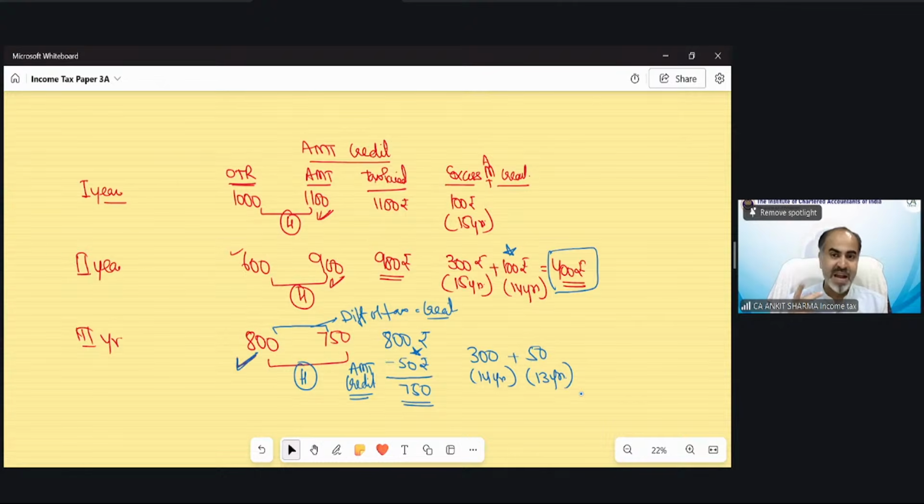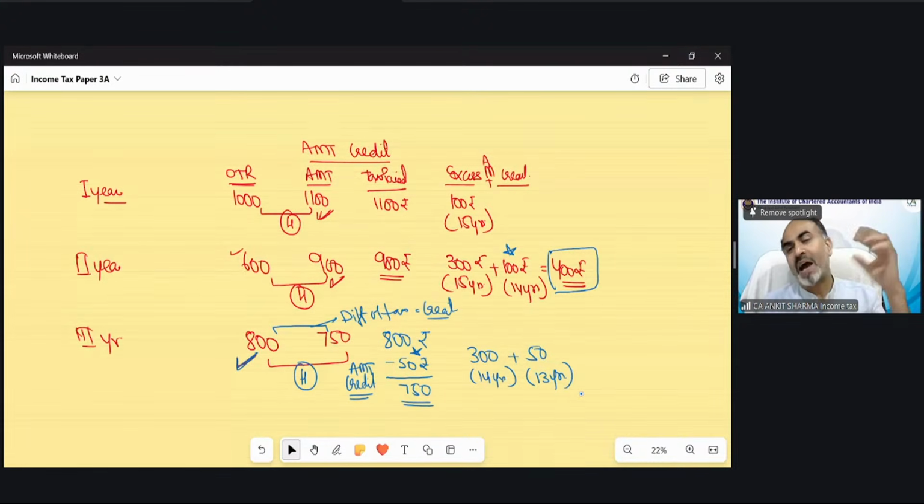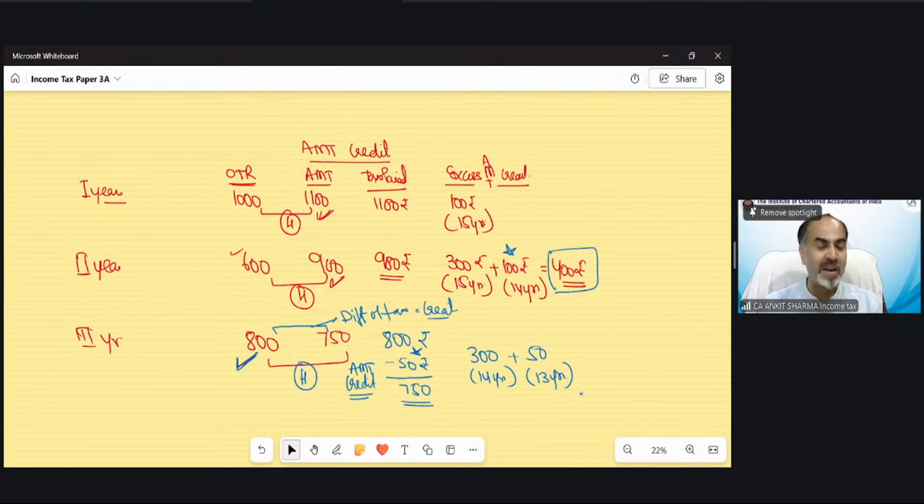Regularly, you have to pay tax to the government. Even if you have credit, you can utilize that credit only when your normal income tax is higher. In that year only do you have the advantage to claim the benefit.